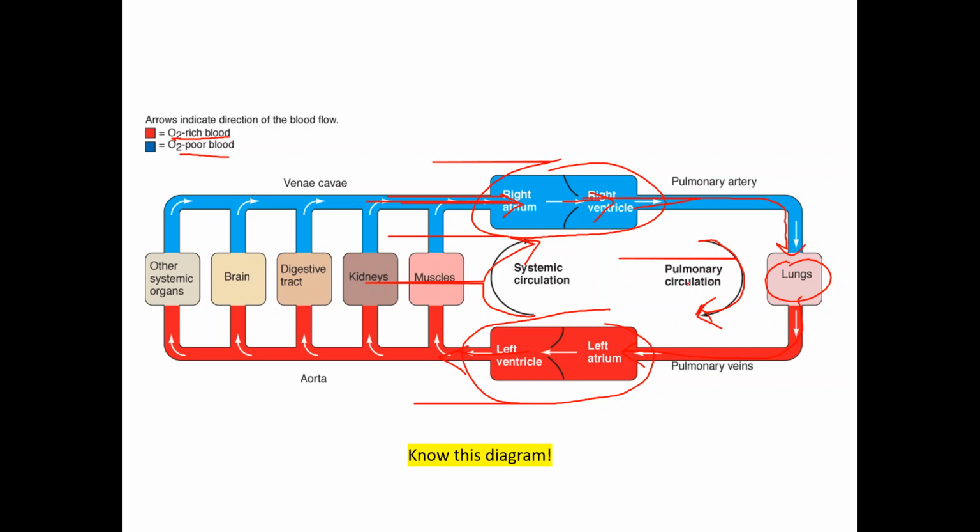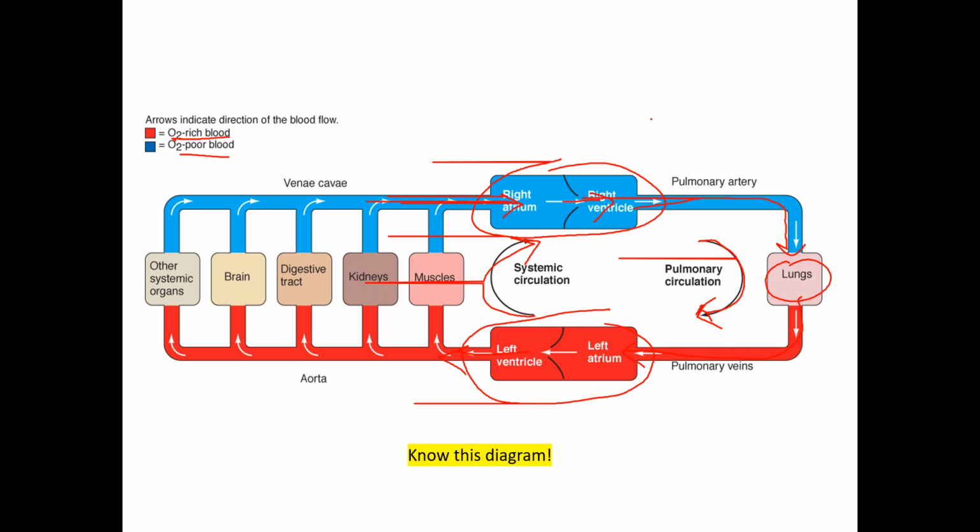You can also talk about oxygen rich or poor blood. That's many times how it's defined. All right, so hopefully the circulation is clear to everybody. You have to visualize it, you have to practice on it. It's logical. You cannot send to the lungs blood that is already oxygenated.